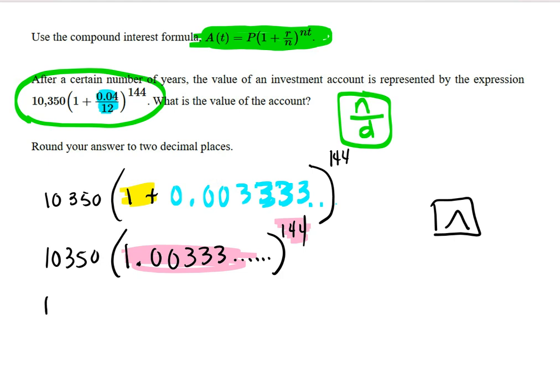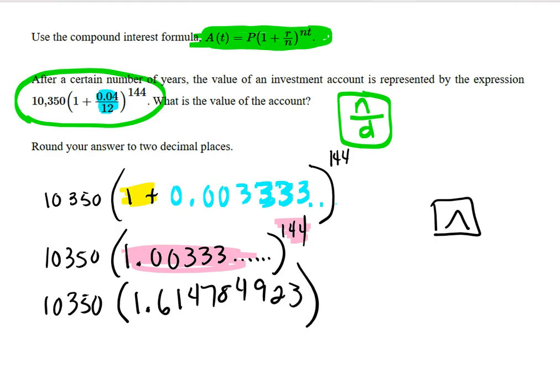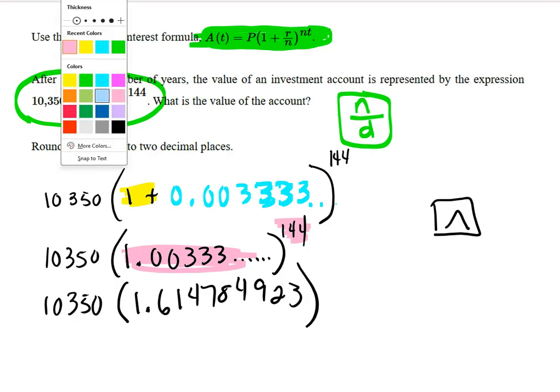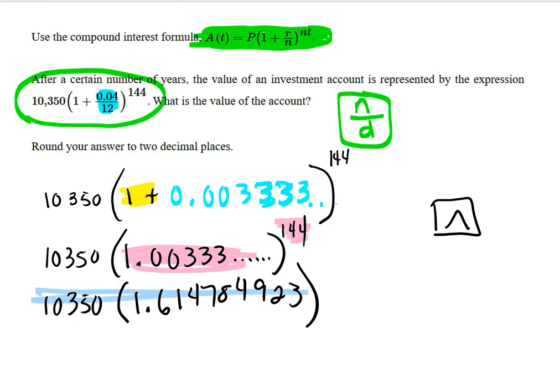So now what I've got is 10,350 times 1.614784923. And then the last thing I would do is this multiplication between these two numbers. Now keep in mind, I still have that 1.6 number on my calculator screen.